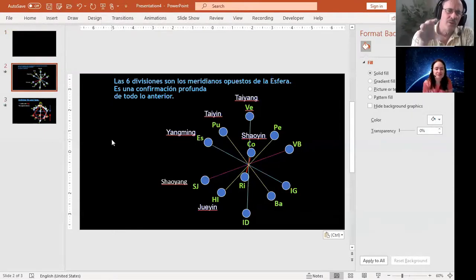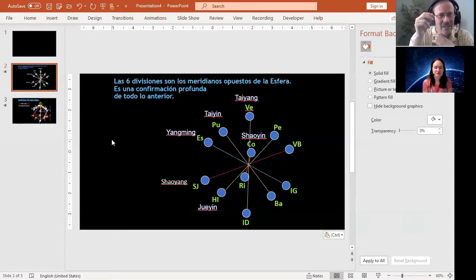So as you go around the sphere, you realize that the opposite meridians, like the polar opposites, form the 6 divisions. I didn't see that when I first saw the spherical pattern. I showed it to another acupuncturist, and the other acupuncturist said, "This is interesting. The polar opposites here are the 6 divisions." And I said, "What?"